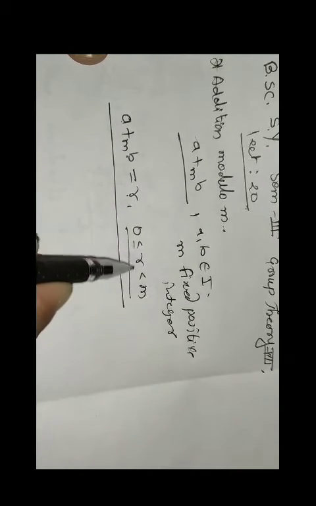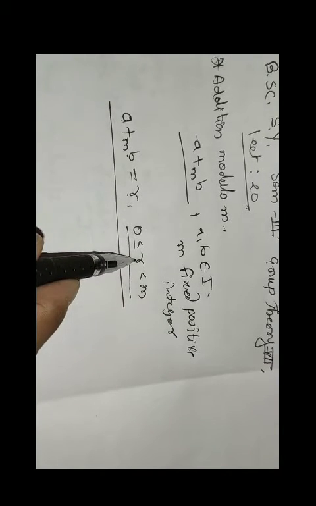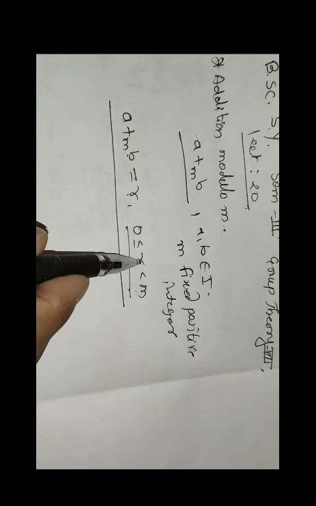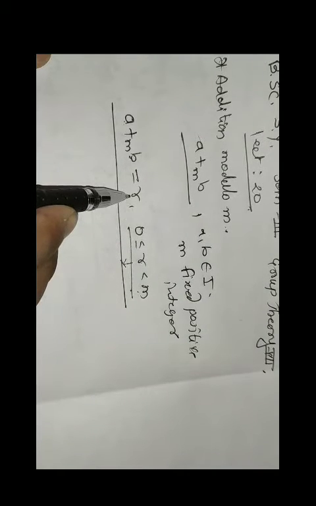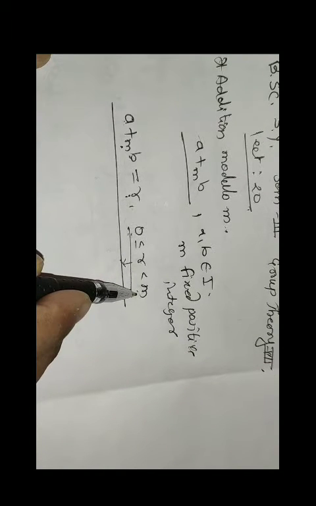But the restriction is that this r must be greater than or equal to 0, that means either 0 or greater than 0, but strictly less than m. This addition we read as addition modulo m. So this r lies between 0 and m.